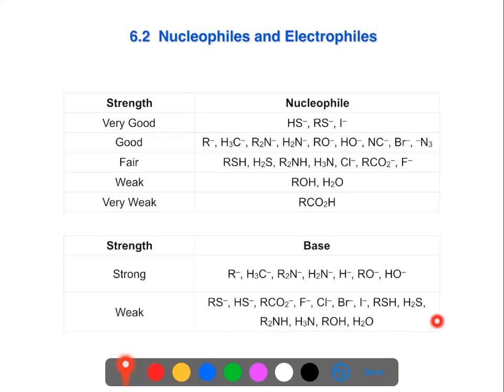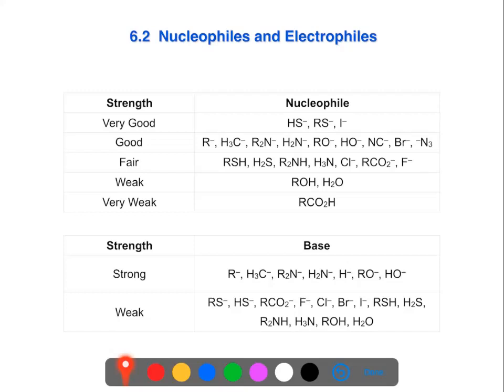In the second entry, the weaker bases, you can see that these are those sulfur-centered anions. So polarizability has a reverse effect on basicity. Although these species are some of our best and excellent nucleophiles, they are considered weak bases for almost the same reason. That polarizability doesn't help with the ability of these species to act as bases.